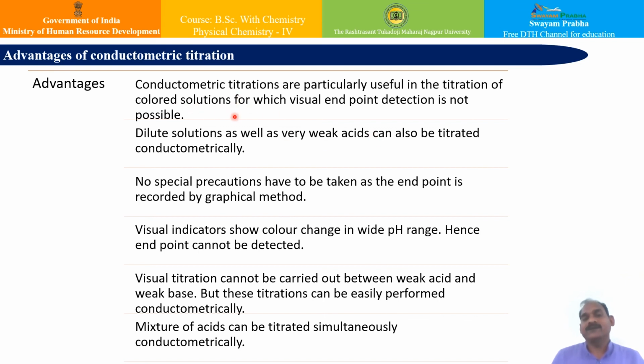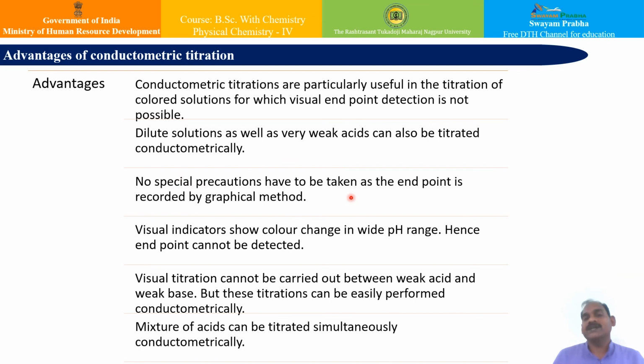Wherein no suitable indicators are found, or wherein there is a problem of identifying the color, in all such cases conductometric titrations are particularly useful. Then, dilute solutions as well as very weak acids can also be titrated conductometrically, like weak acids such as acetic acid.